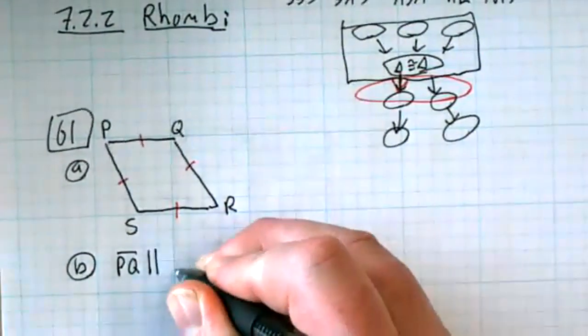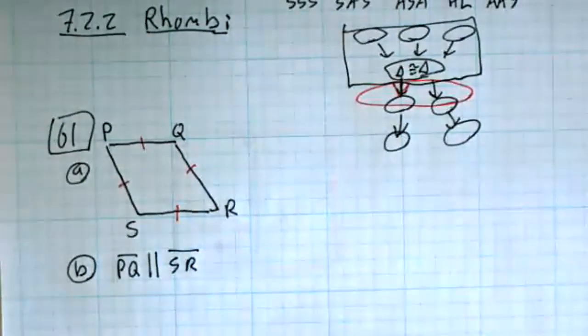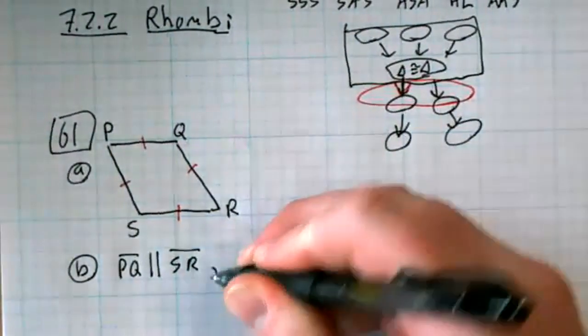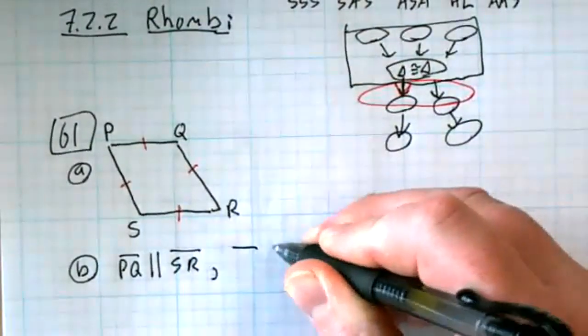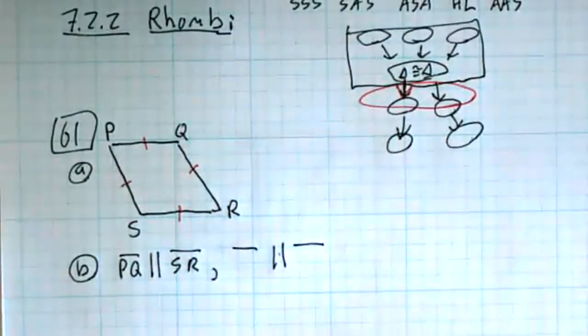I'm going to write parallel to SR. Right, those are opposite sides that are parallel, which is what you just said a second ago. And can you write me another set of sides that would also be parallel? You said two sets of parallel sides. What would the other side be? Wonderful. Write that down. PS and QR.